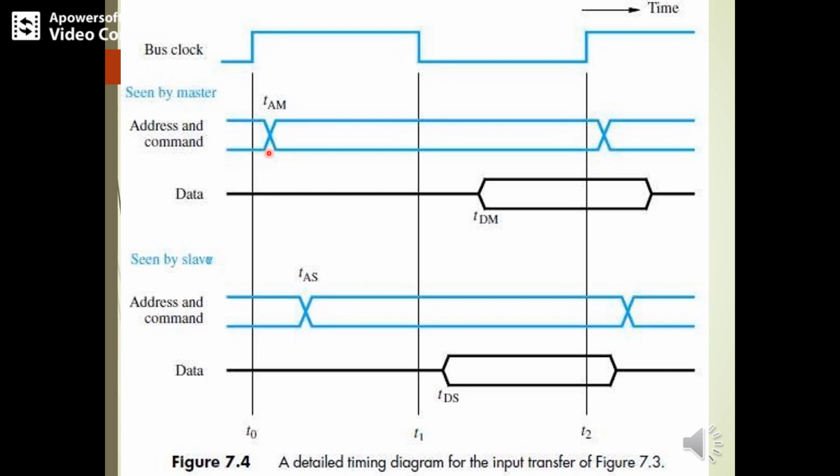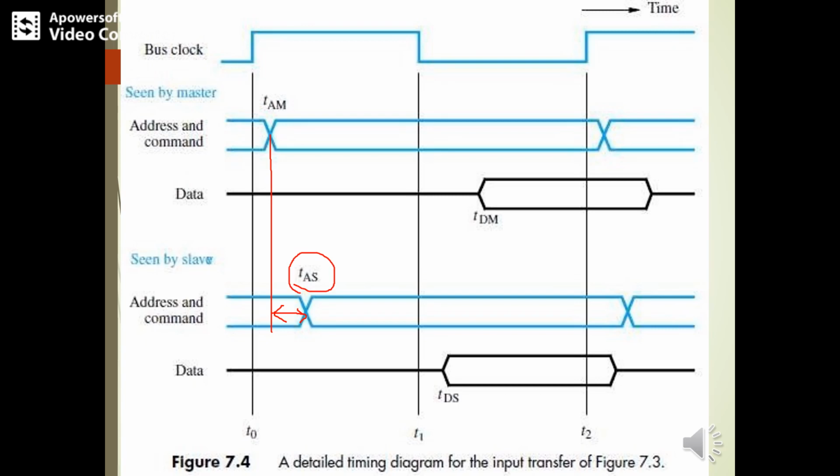After some interval of time, at TAM, the address and commands can be seen on the bus. Then the address and commands placed by the master can be seen by the slave, that is the IO device, after TAS. Once again it takes some delay.